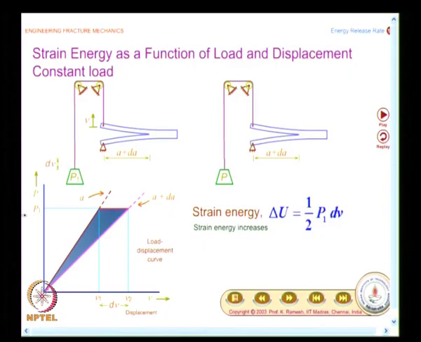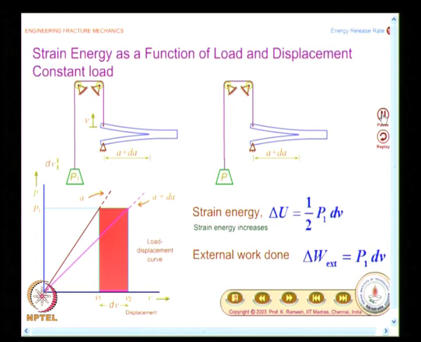What you find is, when the load P1 is reached, suddenly the crack has jumped to A plus delta A, but the load has remained same. It has had a displacement of dV. So, the external work done is P1 into dV. So, you have to be very careful about that.